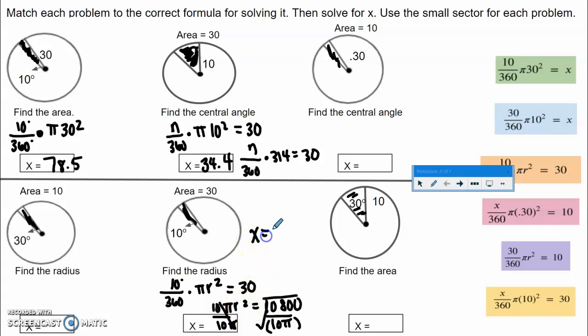So my final answer for this is about 18.5. All right, so you can drag the equations that we used and you can just type in the boxes, but you can do these three on your own. So I would pause the video here and do those three.